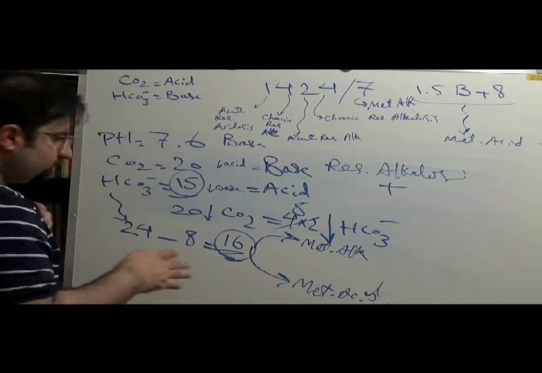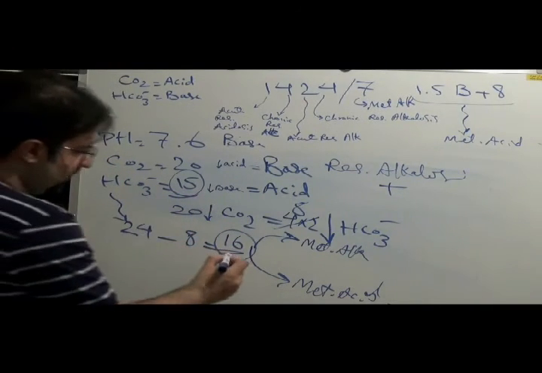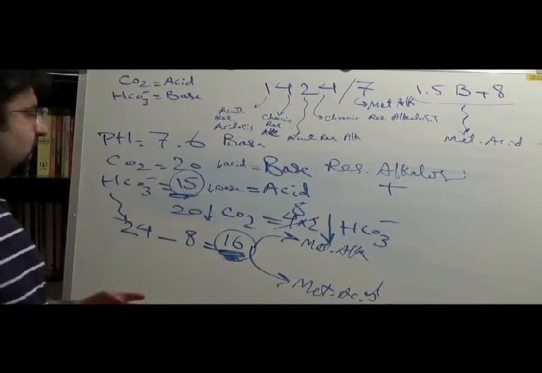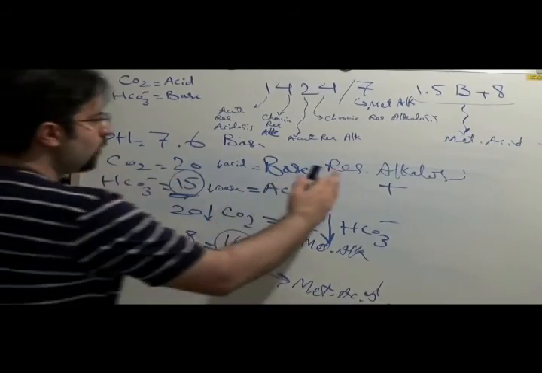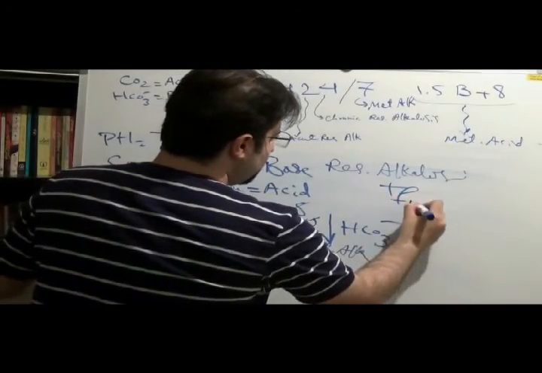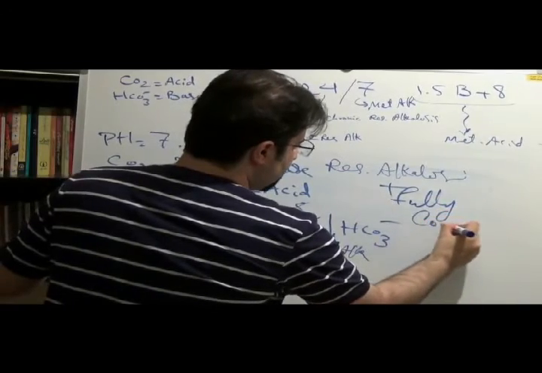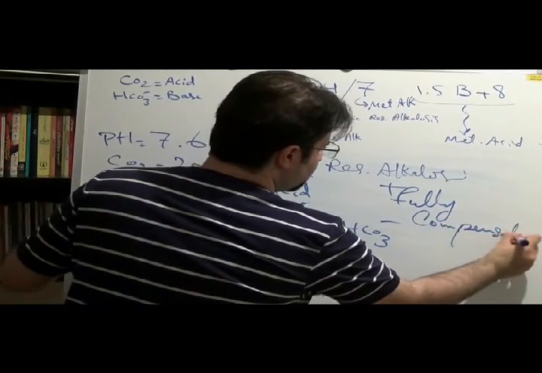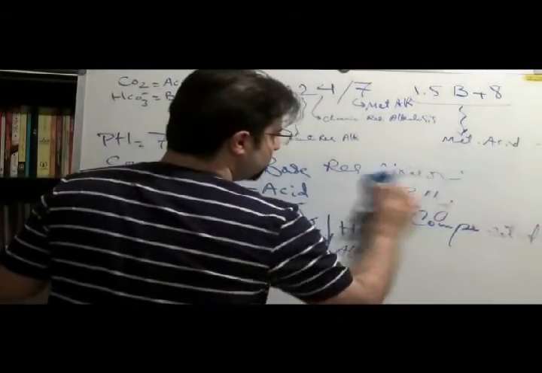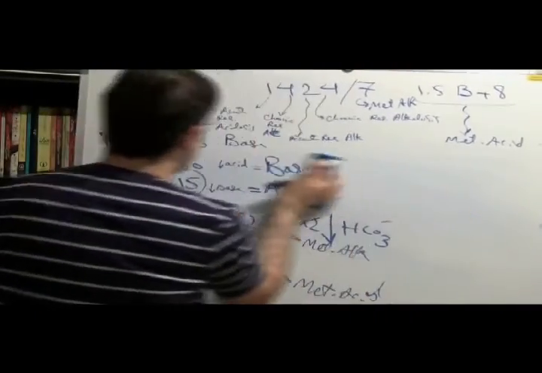Just don't be picky. If it is 16 and our patient is 15, it is fully compensated. So it is only respiratory alkalosis, which is fully compensated. Okay, so we've just done this one as well.